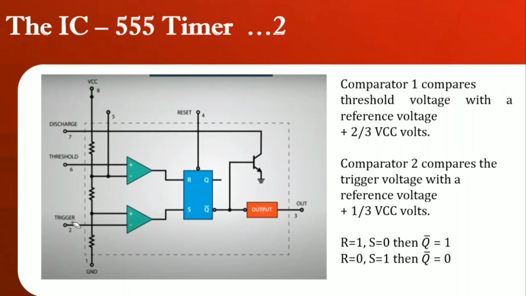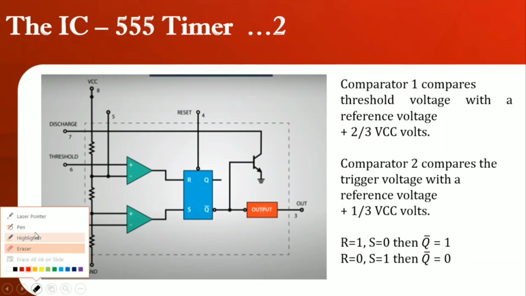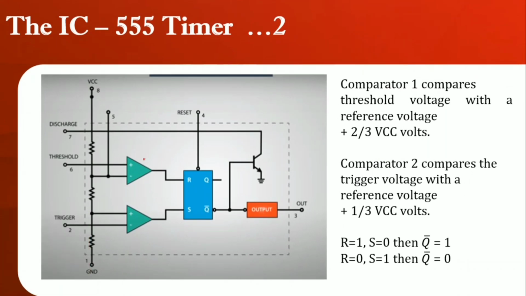Coming to the next slide, which is the IC 555 timer internal block diagram. What is there in the internal block diagram? You can find two comparators, comparator 1 and comparator 2. There is one SR flip-flop whose output Q bar is connected to the output. You have a transistor which is used to charge and discharge.